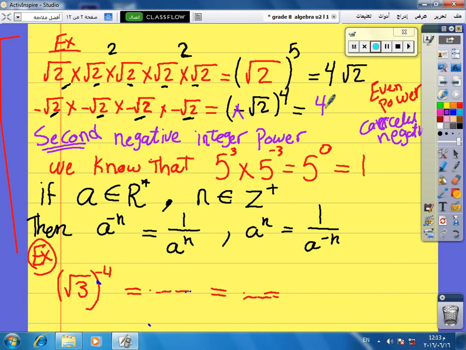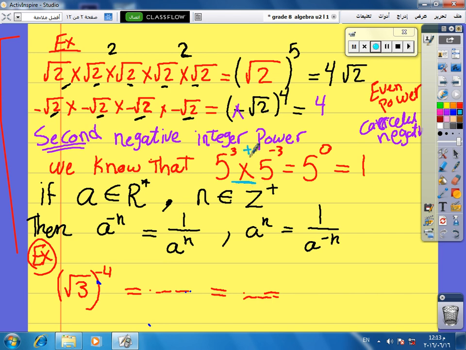Second condition here, negative integer power. We know that before, 5 power 3 times 5 power negative 3 equals 5 power 0. Why do I write 0 here? Because in multiplication we add the powers.